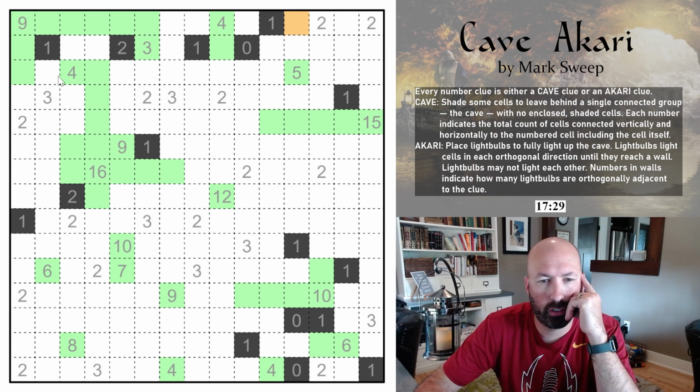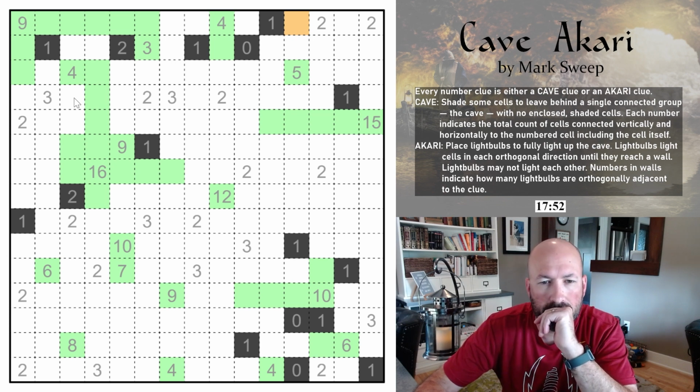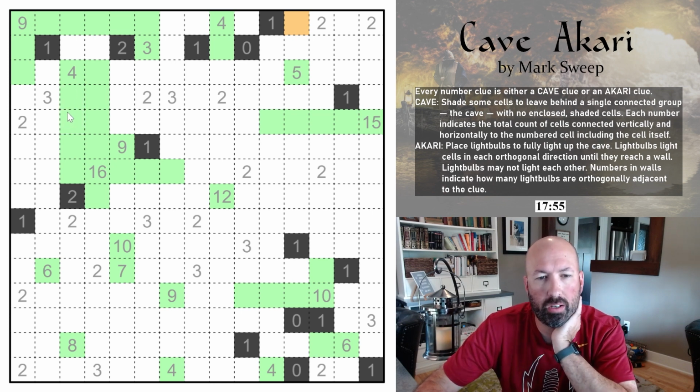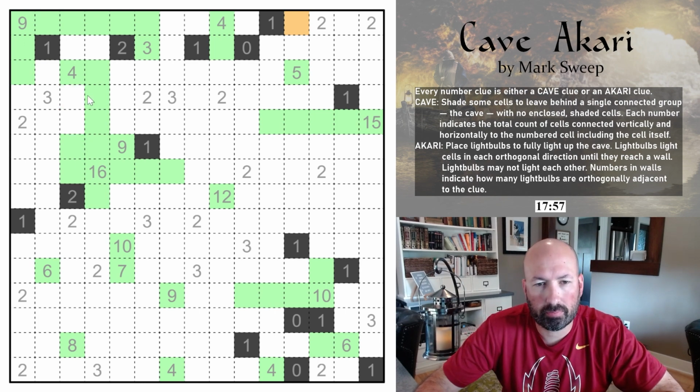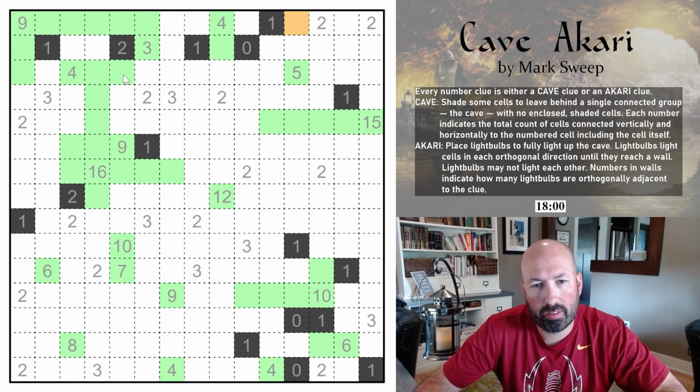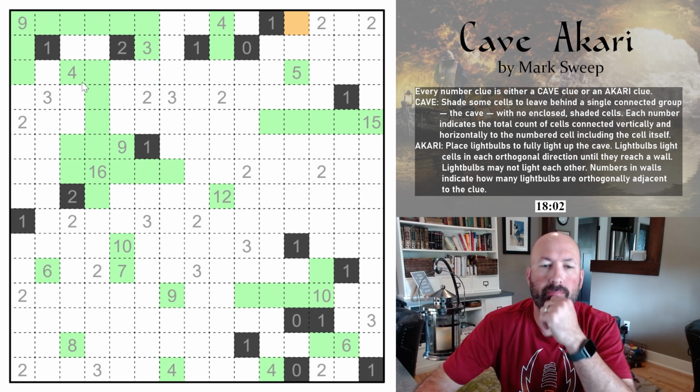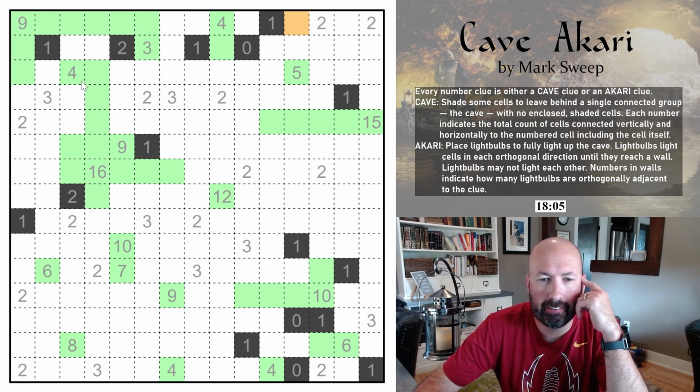And this 4, if it connects to either of these, then it's got its 4. Okay, well I know it can't come down here. It's going to have too many. The problem is it could go this direction. So that 4 seems like it has lots of options.